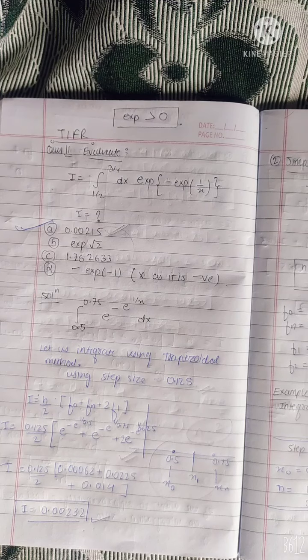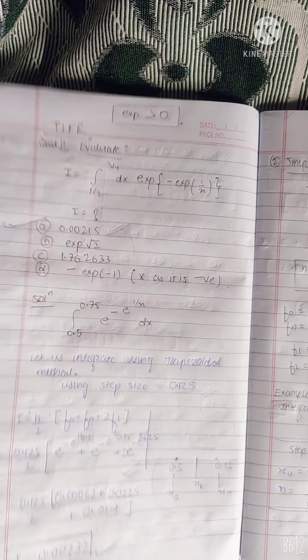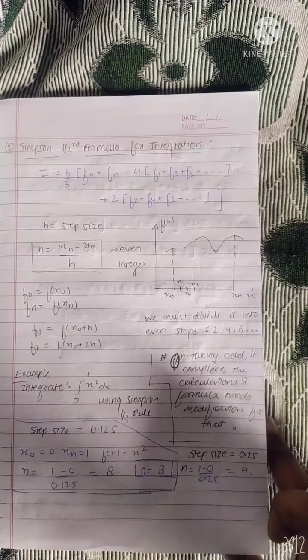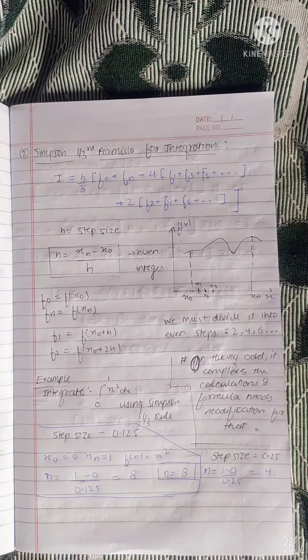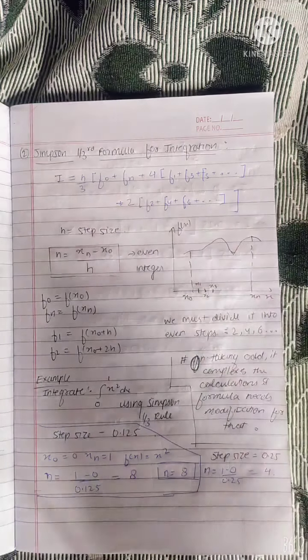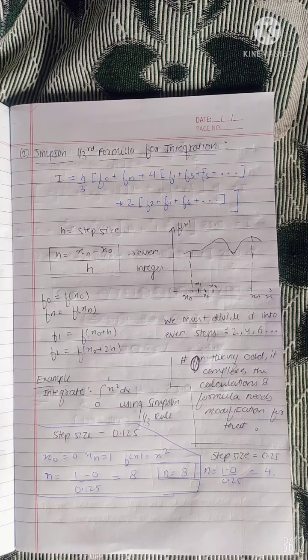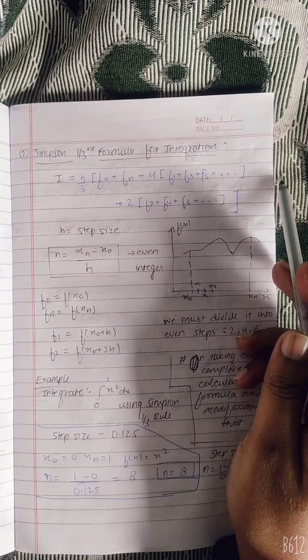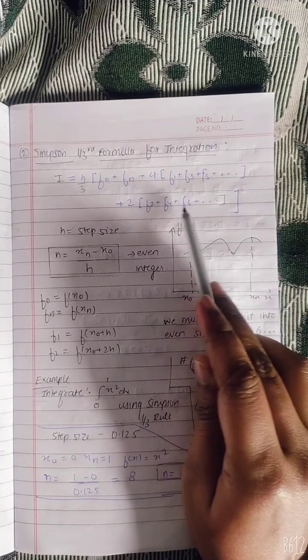That was an example of the trapezoidal method. Another method for integration is Simpson's 1/3 rule. Under Simpson's 1/3 rule, this formula is given to us, with a mandatory condition. The formula is I is equal to h by 3 times f0 plus fn plus 4 times f1, f3, f5 and so on, plus 2 times f2, f4, f6.